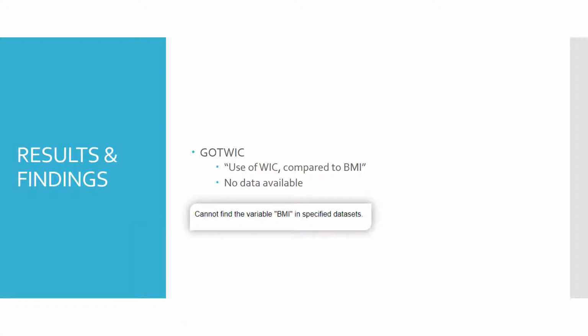For GOT-WIC, which is the use of WIC compared to BMI, there was no data available. They could not find the variable BMI in the specified datasets, as indicated in the picture below.